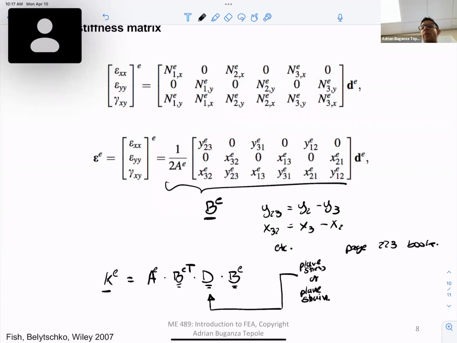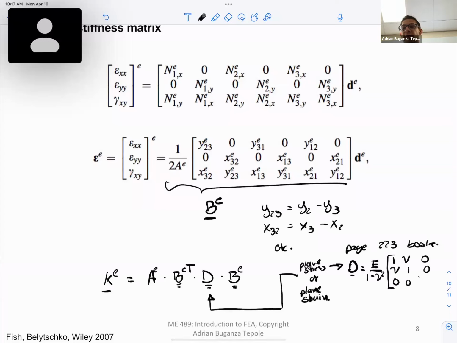For plane stress, the D is Young's modulus over 1 minus V squared, times the matrix: 1, Poisson ratio, 0; Poisson ratio, 1, 0; and 0, 0, 1 minus Poisson ratio over 2.